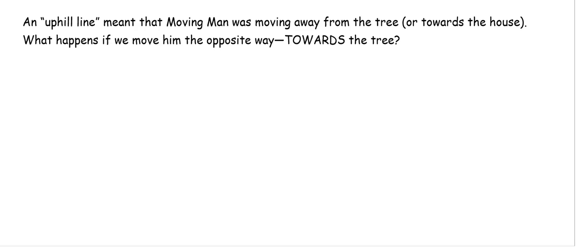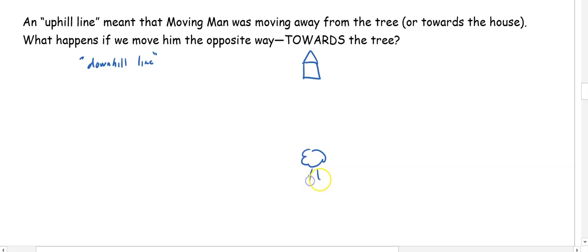What happens if we move him in the other direction, towards the tree? Then we're going to go as a downhill line. Because if the house is up here and the tree is here, when he moves, he's going down towards that.